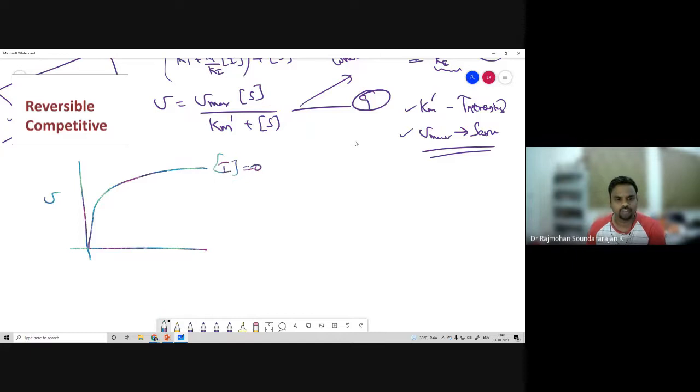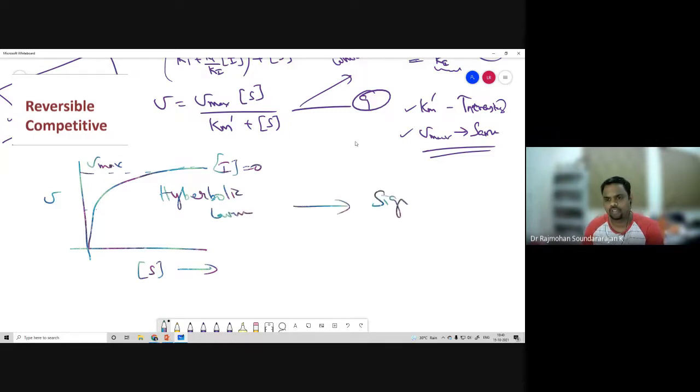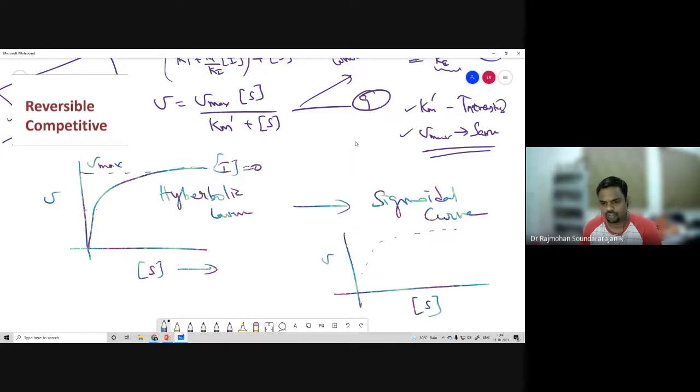When you plot V versus substrate concentration the same way, instead of increasing in this fashion, the increase takes place like this, when the concentration of I is greater than 0.